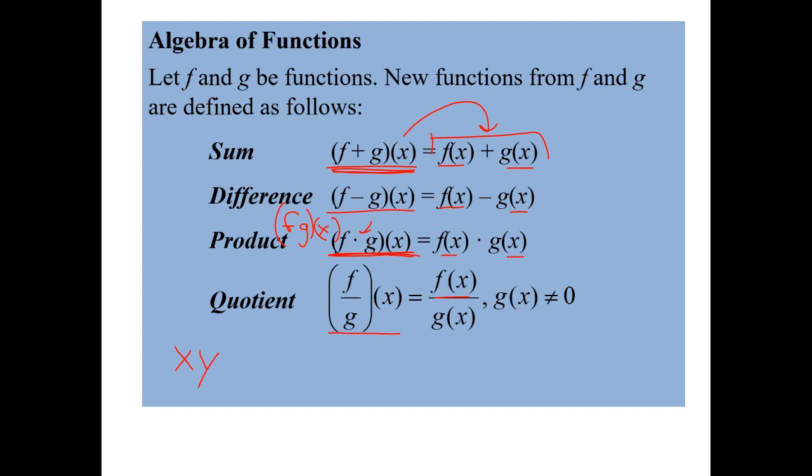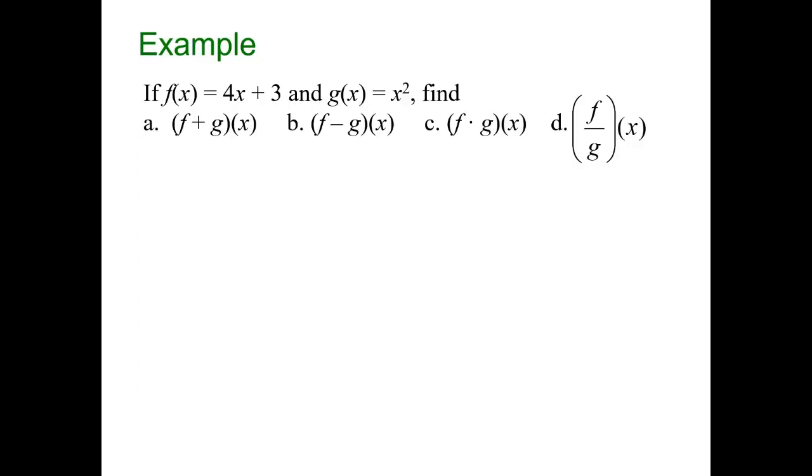I don't need the dot to show that I'm multiplying them. But I'm going to preview now that there's another symbol that's similar to that that means something completely different. We're going to see that in a few minutes when we do composition. So it's just a matter of rewriting it, plugging it in, and simplifying it.